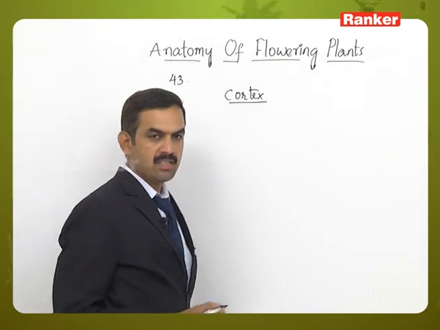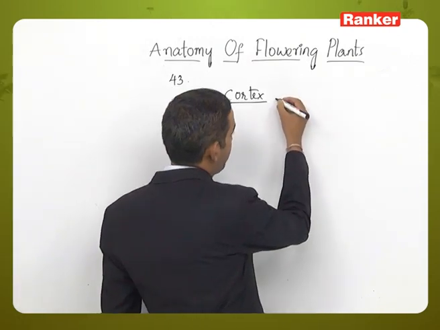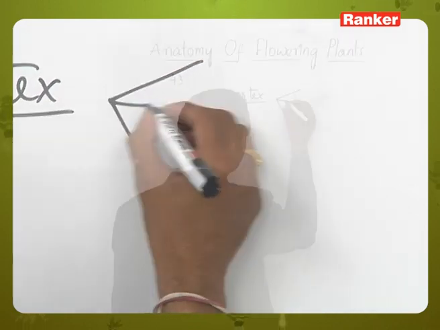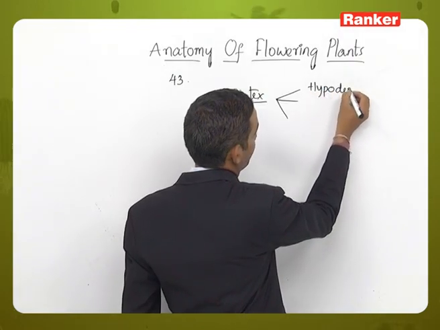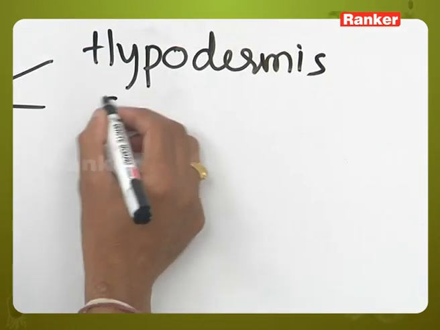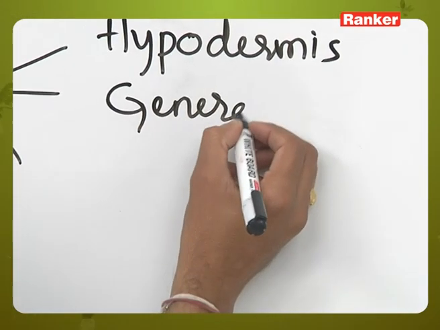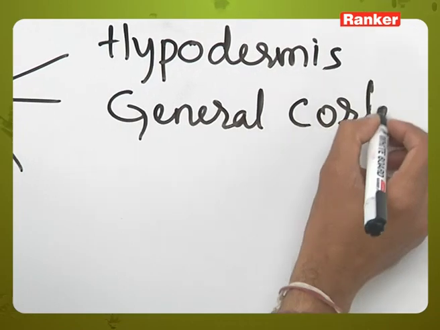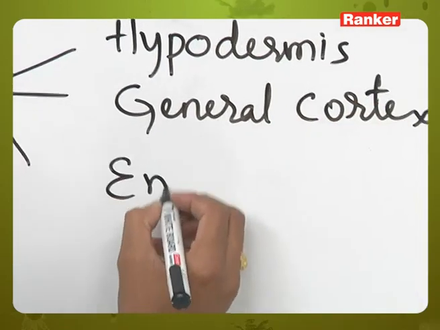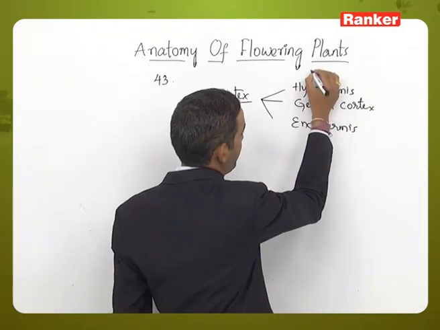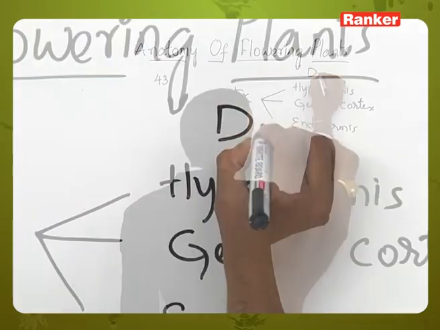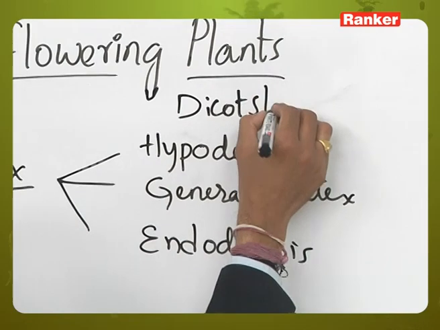And this cortex is generally divided into three parts. The outermost layer is called the hypodermis, the second part is called the general cortex and the third part is called the endodermis. This type of characterization can be seen in the dicot stem.